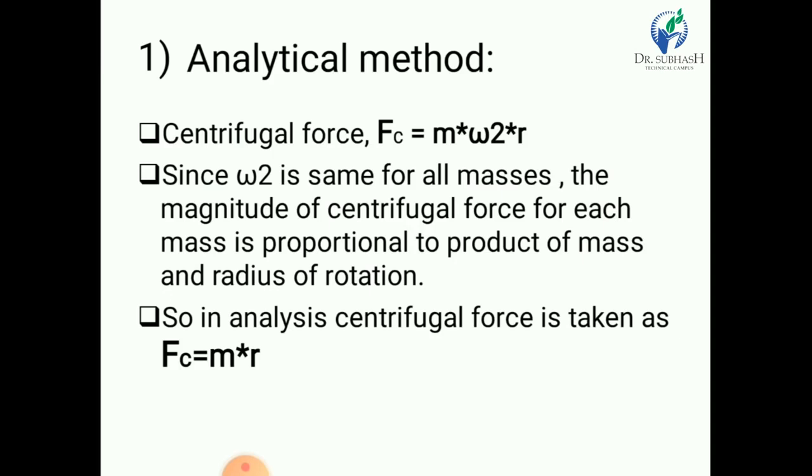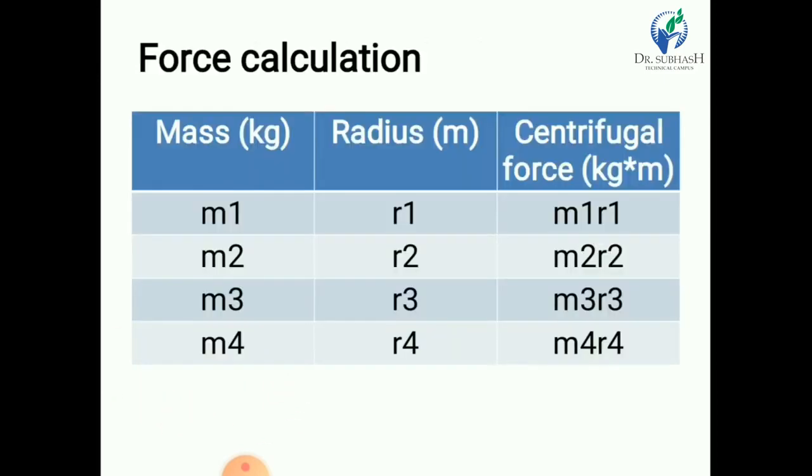So omega square is the same for all masses, and the magnitude of centrifugal force for each mass is directly proportional to the product of mass and radius of rotation. So in the analysis of centrifugal force, we consider centrifugal force as m into r, in kg into meter.